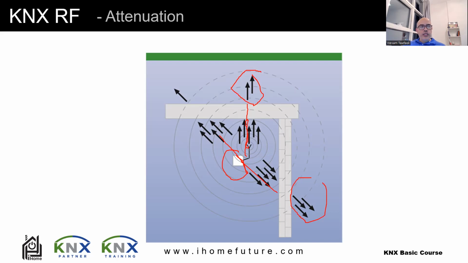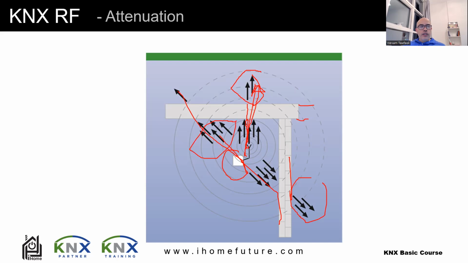Because this wall is thicker than this one. As the wall is thicker, the signal will be weakened. Also the angle of penetration. Here the angle of penetration was vertical, perpendicular, so you can see that it's not affected very much. But here it was at an angle, so it was affected more. The number of arrows represents the signal strength, by the way.